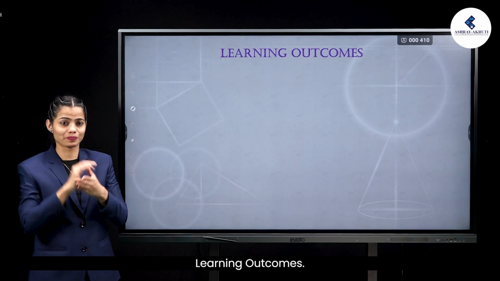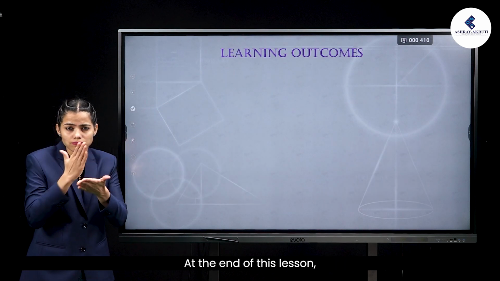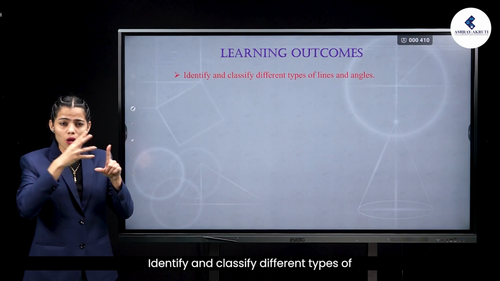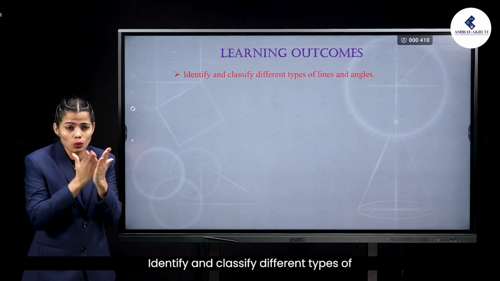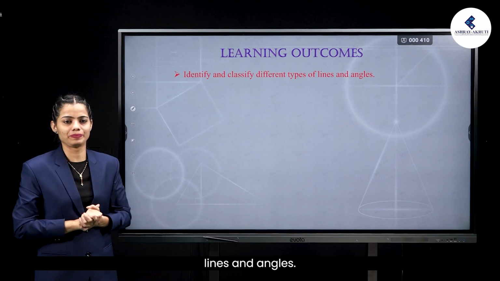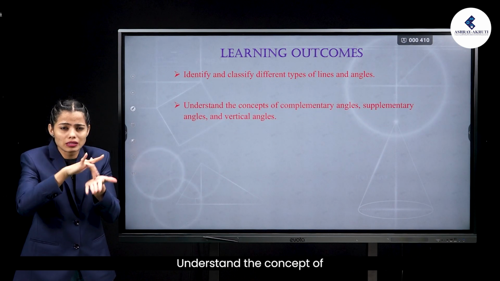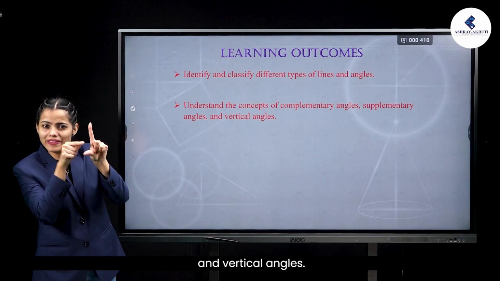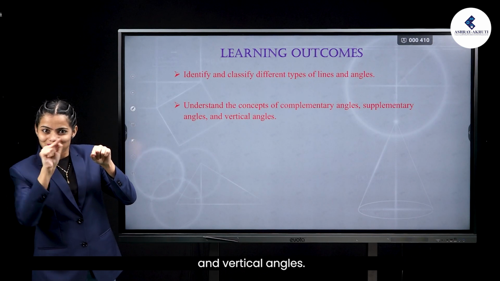Learning outcomes. At the end of this lesson, you will be able to identify and classify different types of lines and angles. Understand the concept of complementary angles, supplementary angles, and vertical angles.